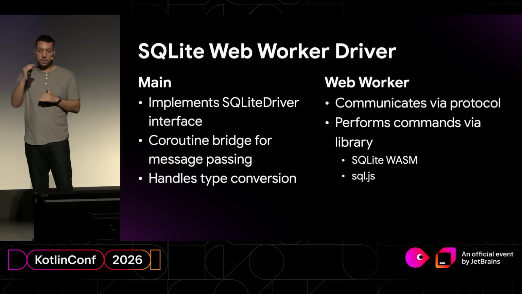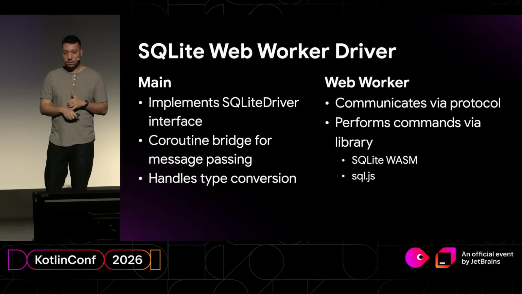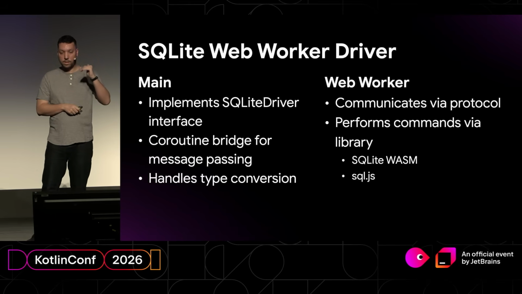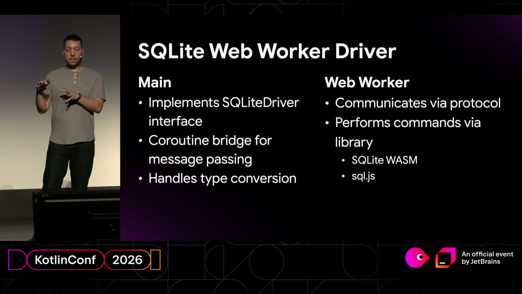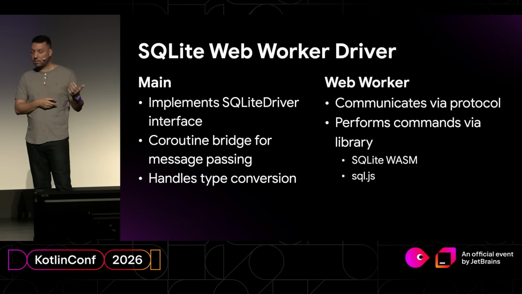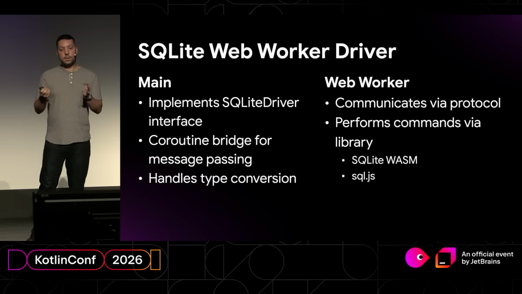That's very simple. It just has those three main messages: prepare, step, and open. How it actually performs the operation is open. You can use SQLite WASM, which is the official SQLite project that compiles SQLite for WASM, or you can use another JavaScript library like SQL.js. That's the cool thing about it.